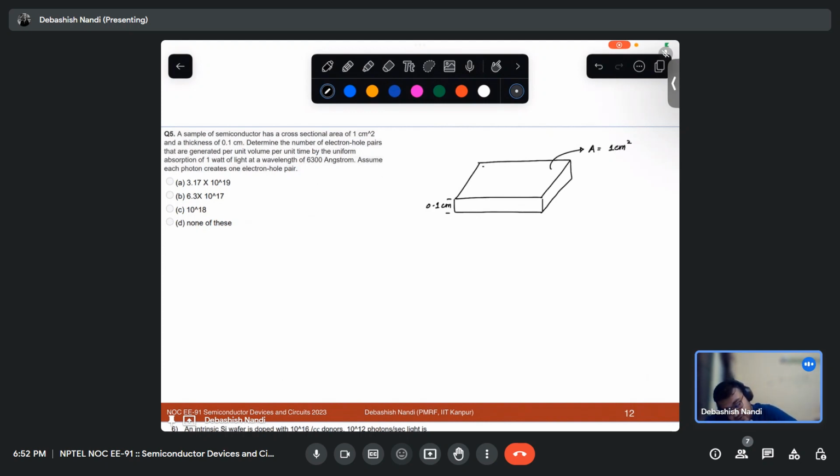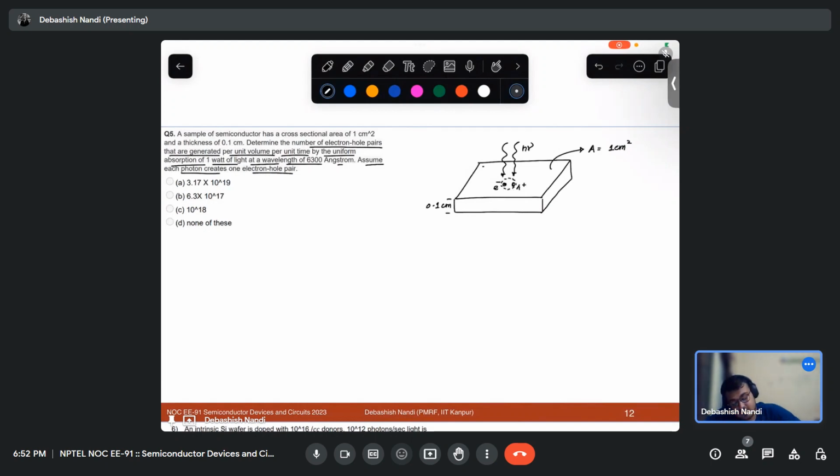Determine the number of electron hole pairs that are generated per unit volume per unit time by the uniform absorption of 1 watt of light at a wavelength of this. Assume that each photon creates 1 electron hole pair. Okay. That means light is getting shined on this and electron hole pairs are getting generated. Okay. One photon is creating 1 electron hole pair.